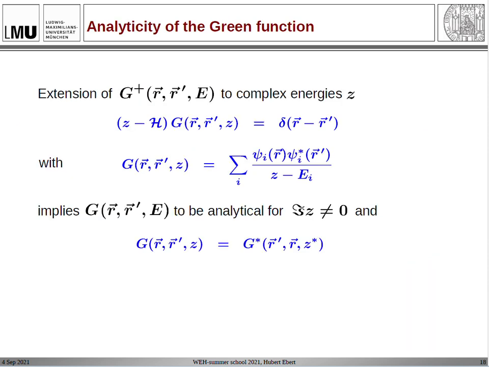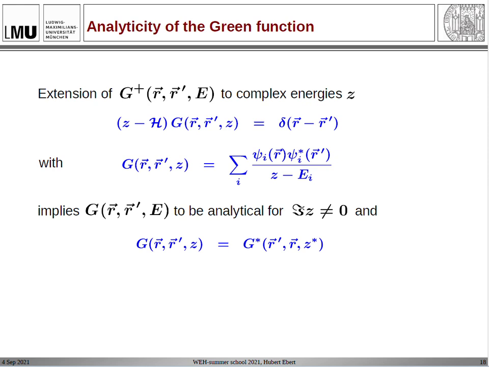Now, the other important property of the Green's function was briefly touched. So we were introducing the Green's function by the limit epsilon going to 0, coming from above in the complex plane down to the real axis. But we can generalize the expression to use any complex energy in the energy plane.